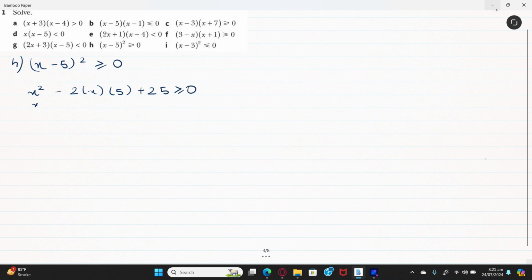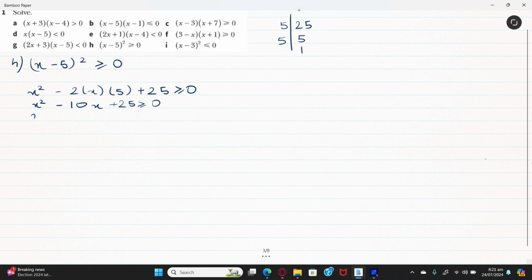And if we simplify this, we are going to get x squared minus 10x plus 25 is greater than or equal to 0. So the thing is, if I would have solved this, I would have taken the common factors again. 5 fives are 25, 5 ones are 5.